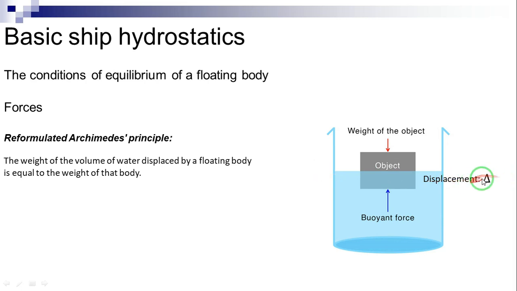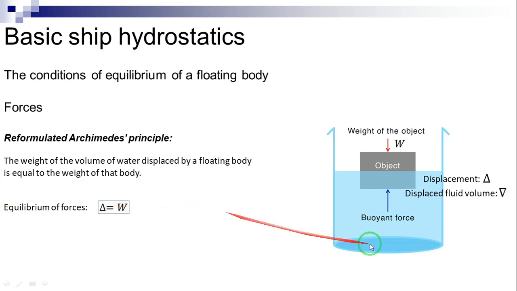If the weight of the floating body is W, then we can express the equilibrium of forces acting on the floating body by this equation. For the volume of the displaced liquid, we use the symbol nabla. In terms of the above symbols, Archimedes' principle is this equation.